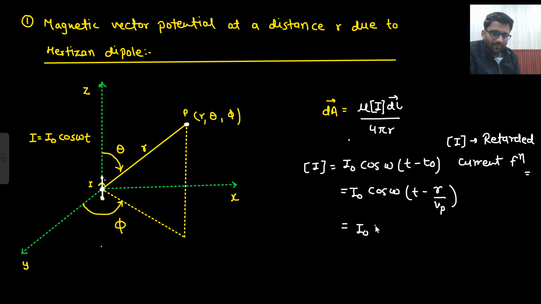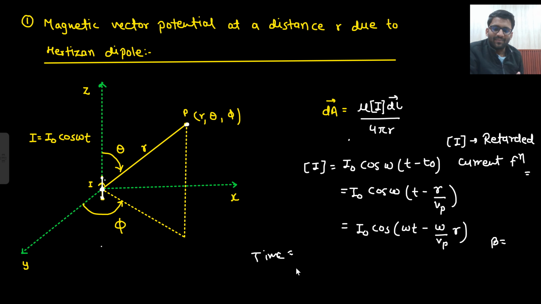So I naught cos omega t minus, what is this omega by vp? What is beta? Time is distance upon speed, yes, okay, no issue.